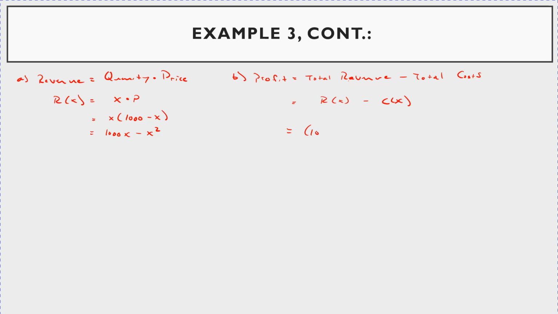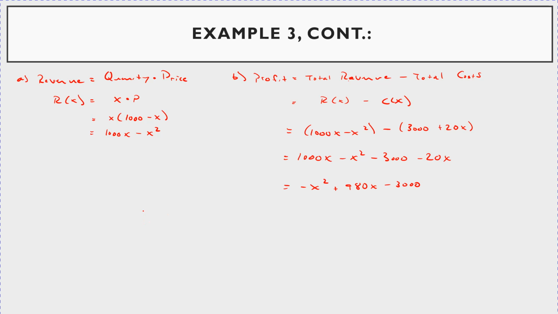So it's revenue, 1,000X minus X squared, minus cost, 3,000 plus 20X. Distribute the negative: 1,000X minus X squared minus 3,000 minus 20X. Combining like terms, 1,000X minus 20X gives plus 980X, so we have minus X squared plus 980X minus our fixed cost of 3,000.